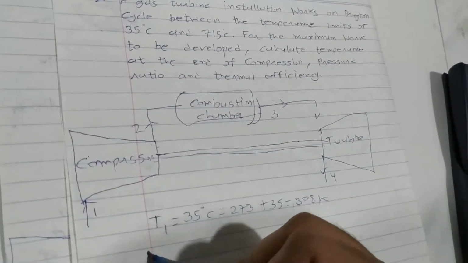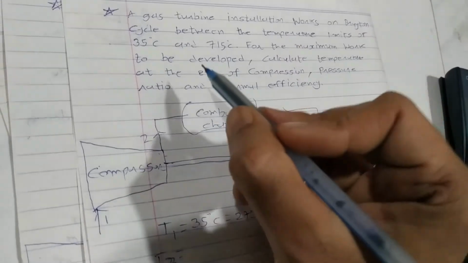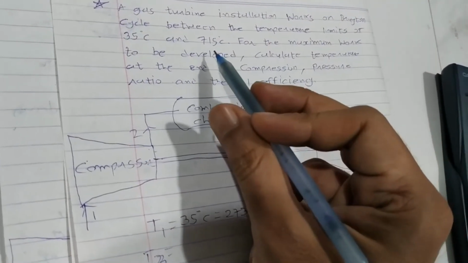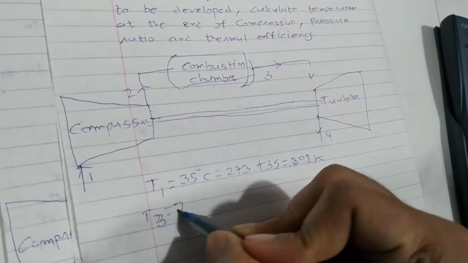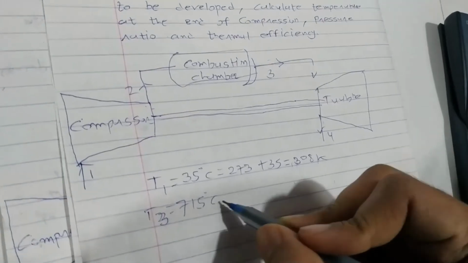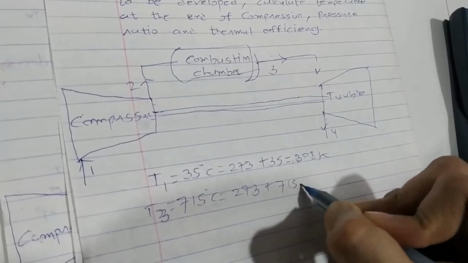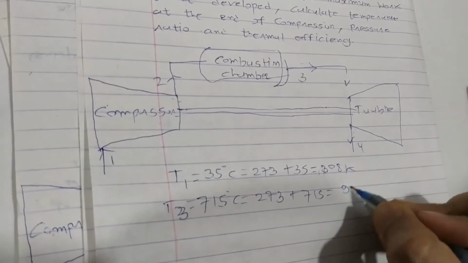And T3 will be, because the highest temperature will be in the combustion chamber, which is T3, and it is 715 degrees Celsius. I will convert it into Kelvin, so it will be 988 Kelvin.